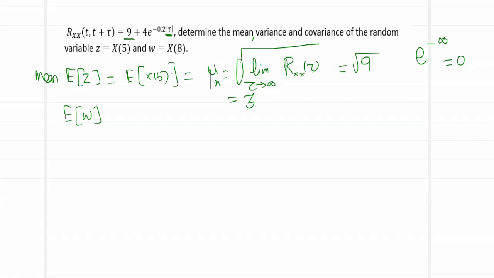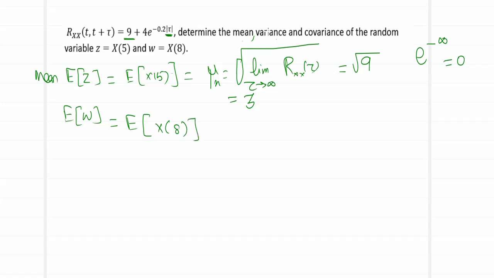Now, what will be E of W? E of W is going to be x of 8. So how have we actually estimated this x of 5? X of 5 is nothing but the time difference between it. Tau has been given as 5 to me. So this value will be the same whether we find it for the variable Z or for the variable W, that is whether it is x of 5 or x of 8.